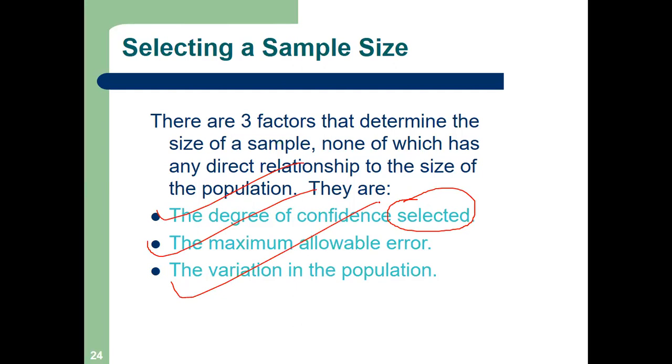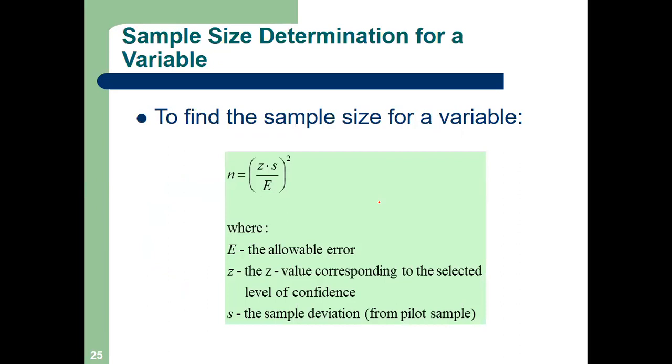So you all know all the terms. Let us come to the formula, the 7th formula of the day. All of you write down this formula please quickly: n is equal to (Z times S divided by E) whole squared. How many formulas till this session?